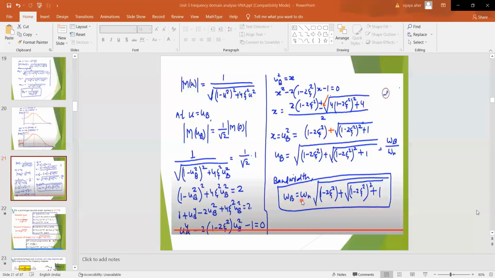Equation for bandwidth is equal to omega n, natural frequency, into under root of bracket 1 minus 2 zeta square plus under root of this term 1 minus 2 zeta square raised to square plus 1. Got my point? So students, this is the equation for bandwidth.